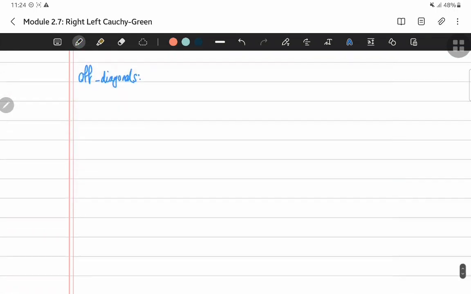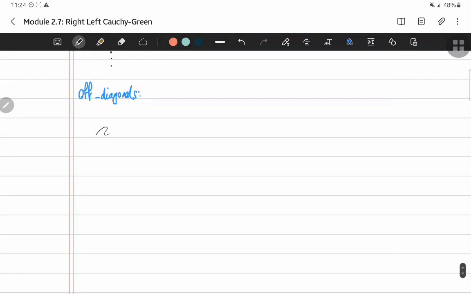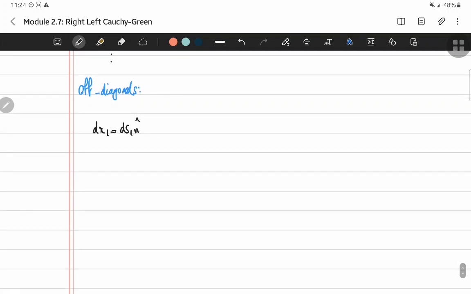For the off diagonals, we follow the same procedure where dx1 is ds1 n, so we don't know its unit vector. It's totally arbitrary. dx2 is equal to ds2 m, for example. So they have an angle. So this is n, for example, and this is m.